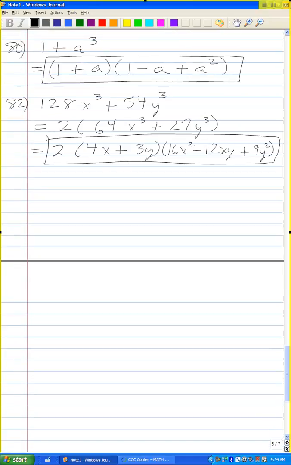Let me do problem number 84. x plus y cubed plus x minus y cubed. So this again is the sum of cubes. Cube root of x plus y cubed is x plus y. Cube root of x minus y cubed is x minus y.